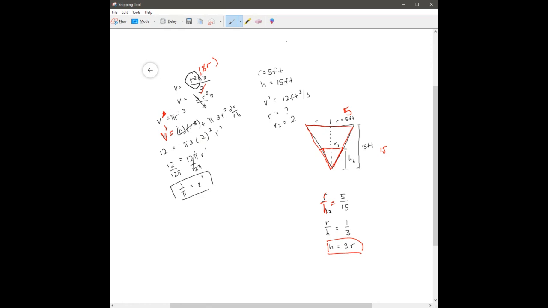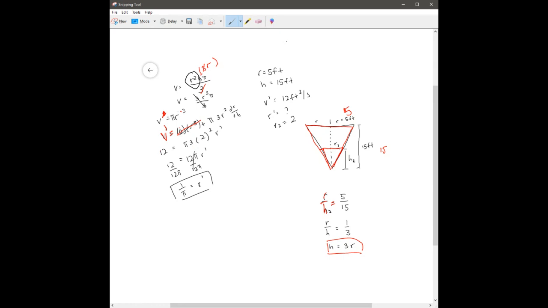So v prime, the derivative of pi is 0. So this cancels out, plus pi, and then we use the exponent rule, I think. So 3 minus 1 is 2, and then the derivative of r, which is dr over dt.